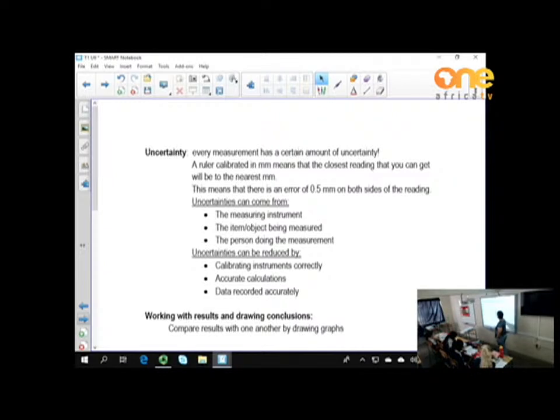So a ruler calibrated in millimeters means the closest reading you can get is to the nearest millimeter. You cannot be more accurate than the instrument, and that millimeter reading implies there is an error of half a millimeter on both sides of it. So your answer should actually lie within a range.